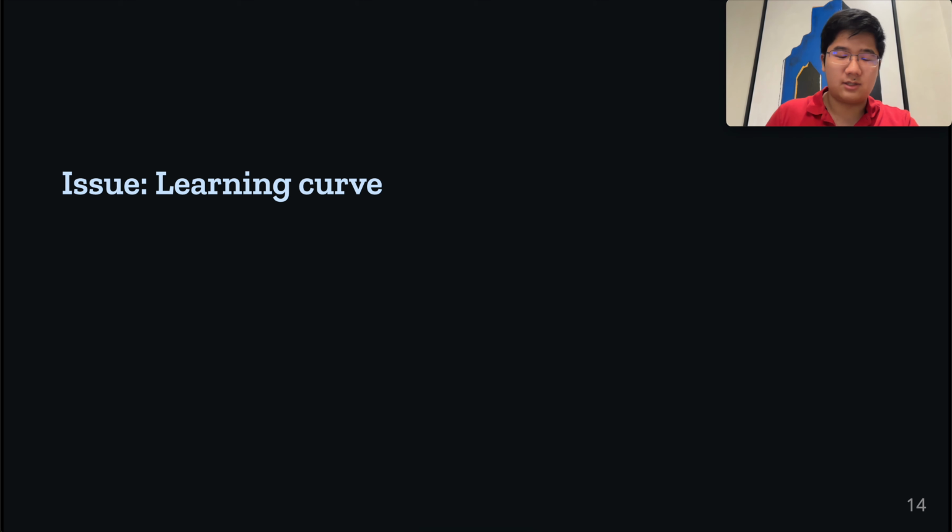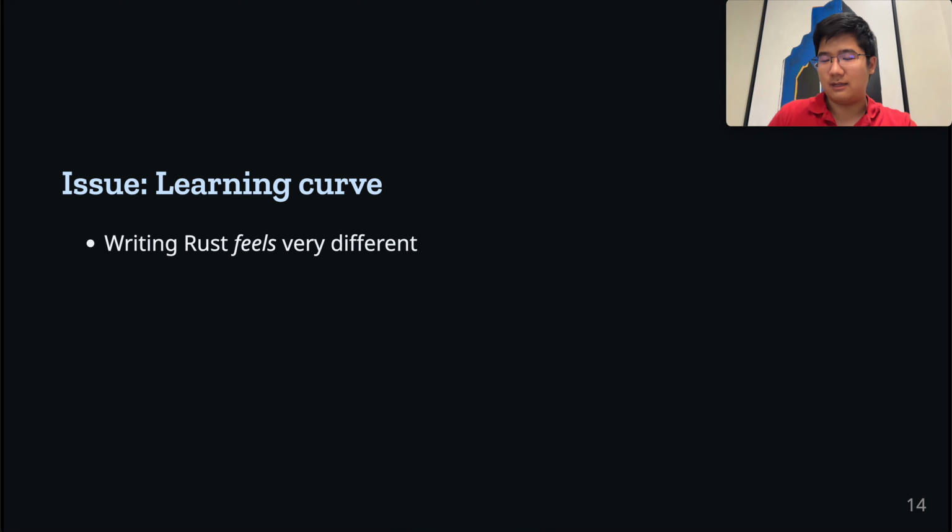One of the issues is that it is a very, very steep learning curve. Rust feels very different from writing other languages. Most of you are going to be familiar with C and Python. When you write Rust, the patterns and designs of how you structure your code are going to feel different.